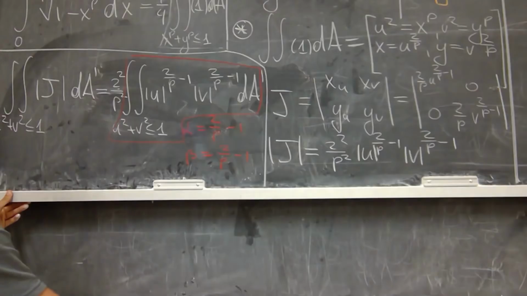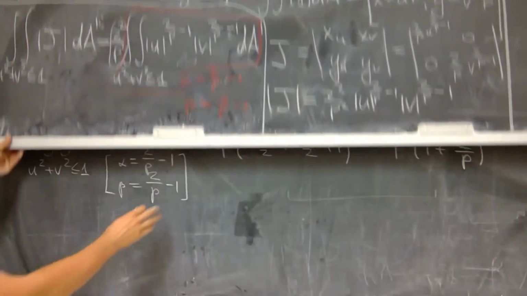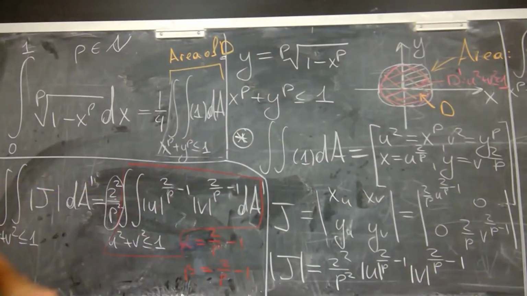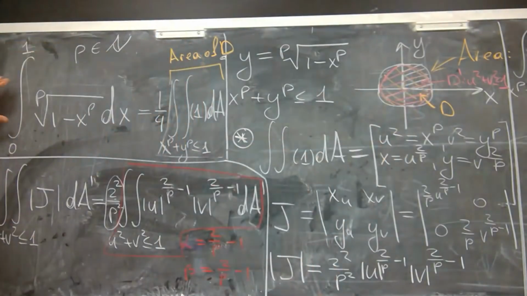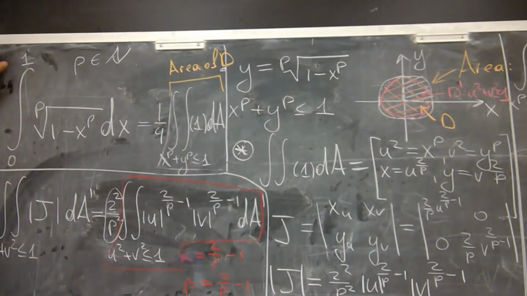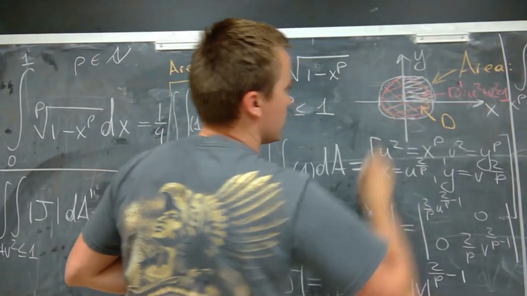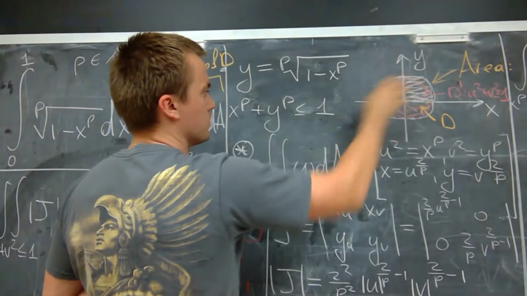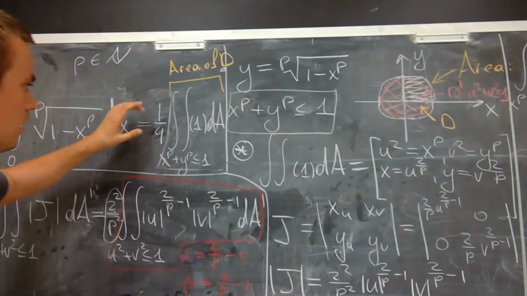Yeah. And here we can see, I'm going to prove this in a second, but I got this integral by changing of coordinates of the double integral of this area of this region, because originally I want to compute the line integral from 0 to 1 of p root, which is in this case just the area of this region. And I generalize this, I can compute the area of the whole region, which is given by this equation, and just divide by 4.